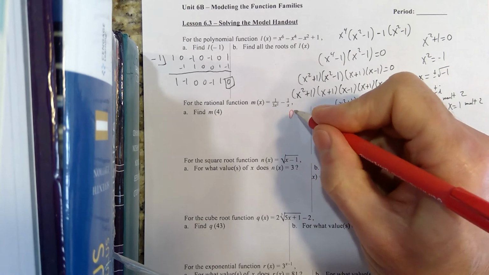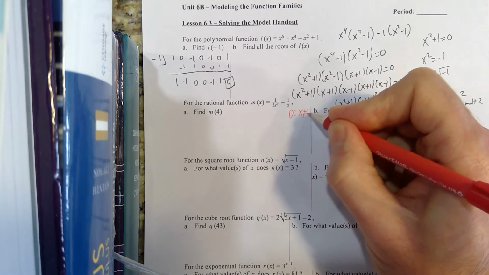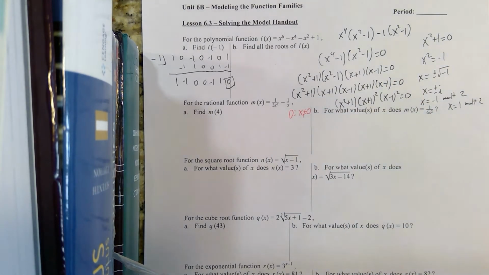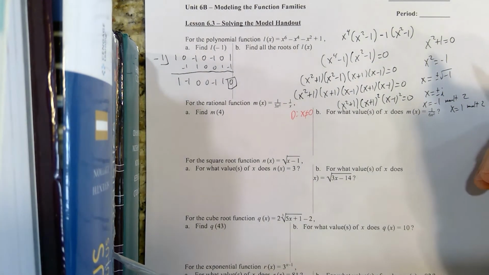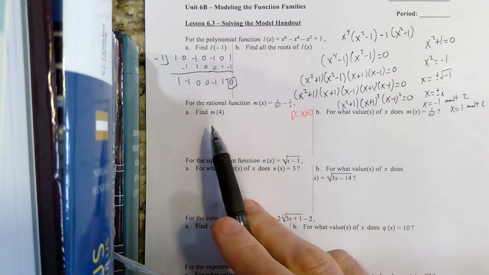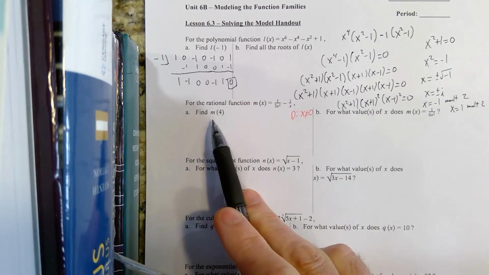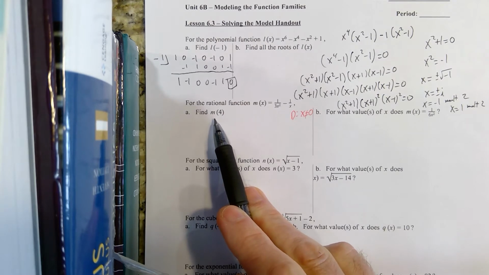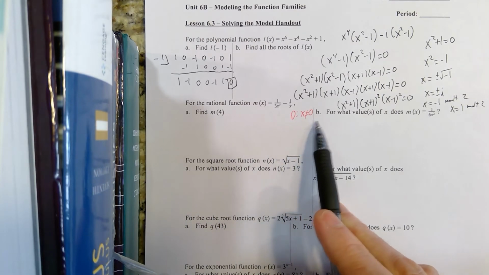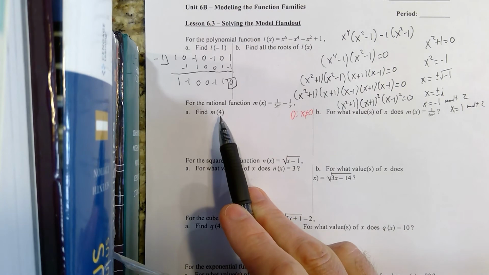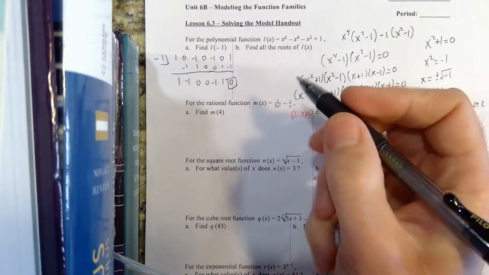So I know my domain for this, x can't be 0. Always good to point that out before working with any rational functions. This question is asking me to evaluate for an input value of 4. Notice if it had set an input value of 0, I wouldn't be able to do it. But 4 is allowed. So just go ahead and plug 4 in there.